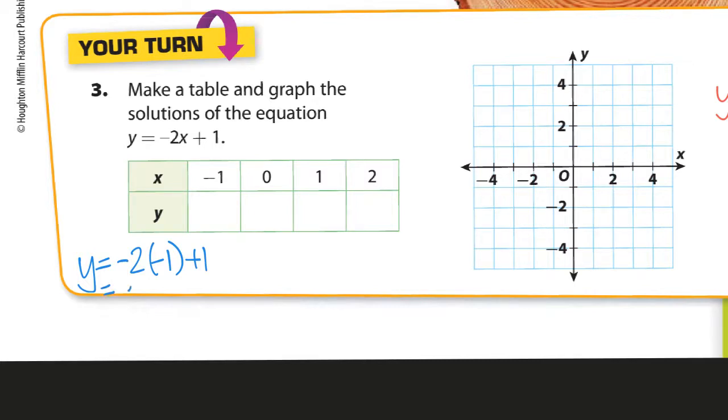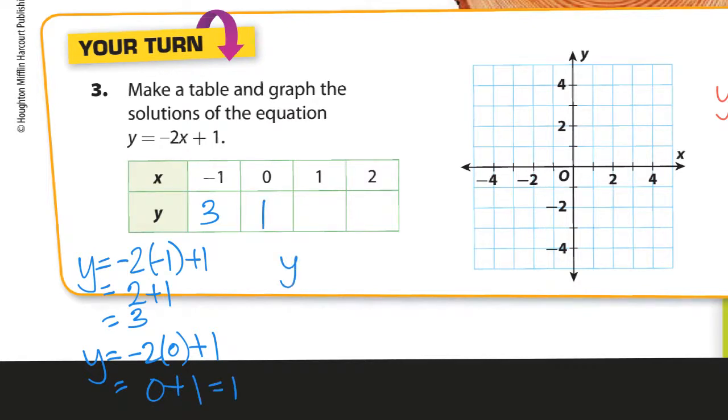Negative 2 times negative 1 is 2, plus 1, that would be 3. Then the next one: y equals negative 2 times x, but x in this case is 0, plus 1. Negative 2 times 0 is 0, plus 1 equals 1.